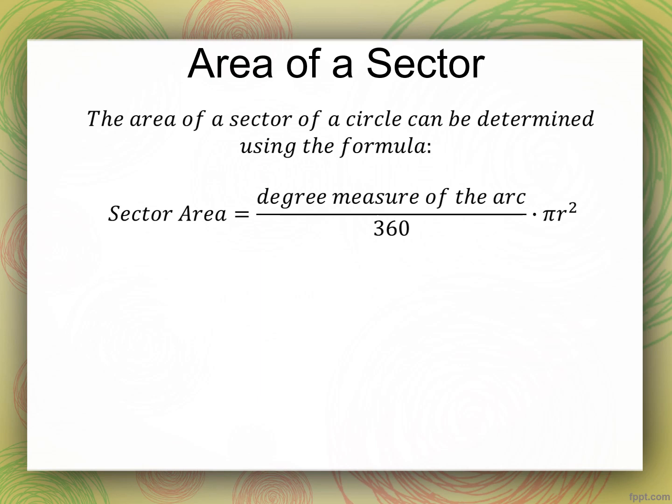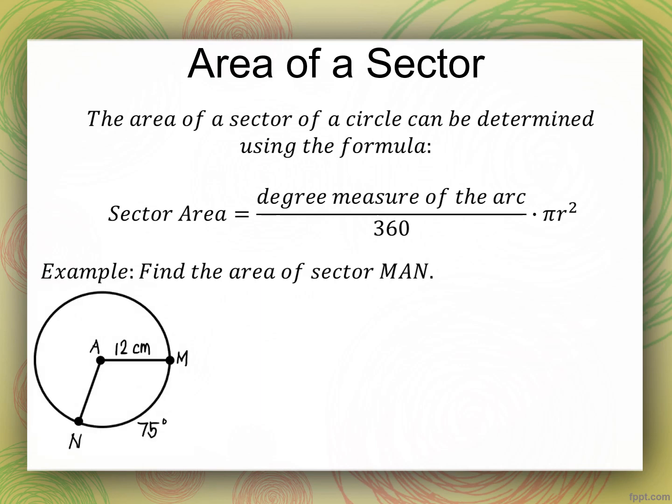So let us apply that formula. I'll be using the same figure from the previous example, but we will be finding the area of sector MAN. If we look at this figure, this sector is what we are looking for.